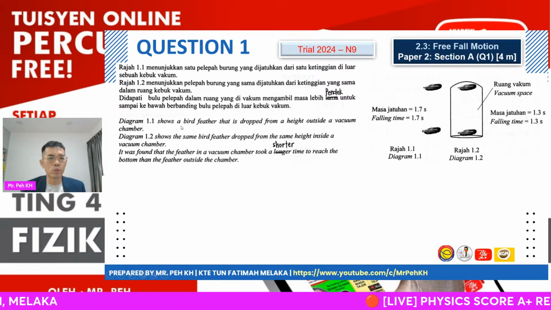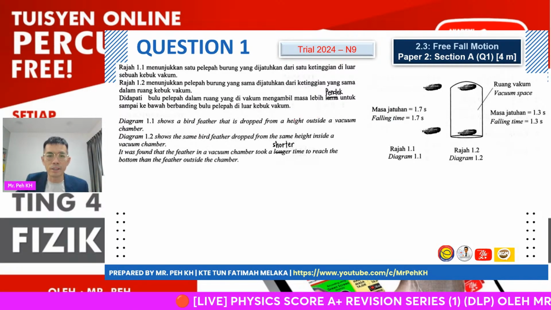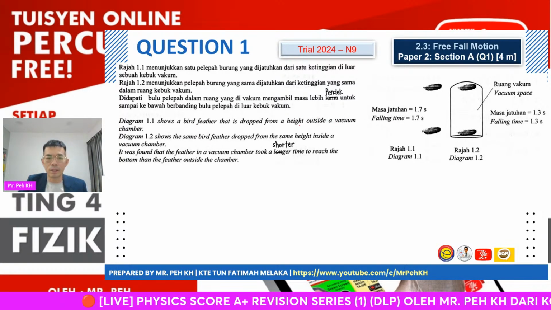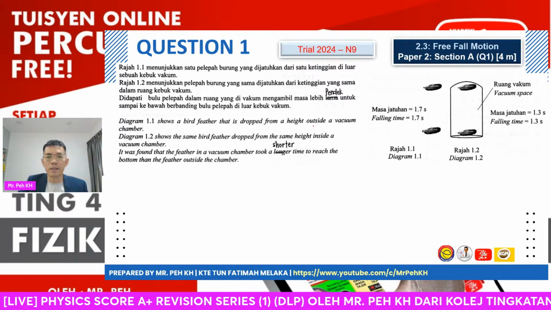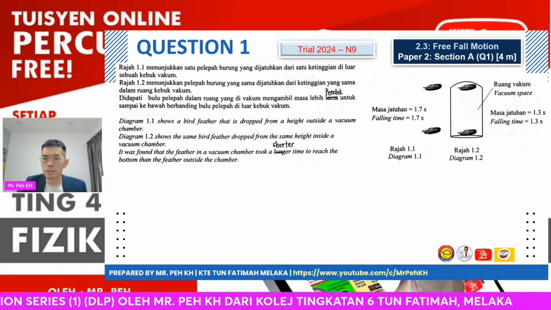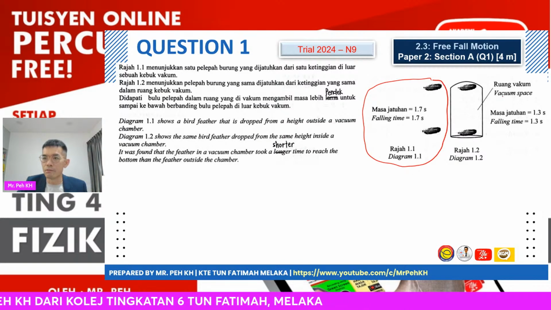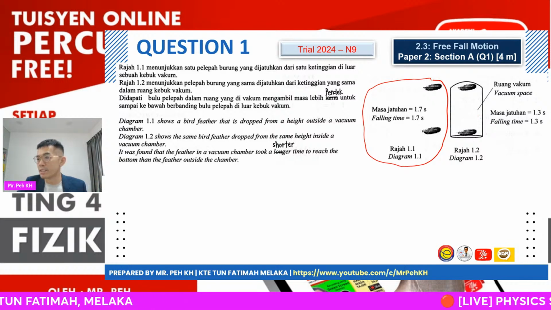Diagram 1.1 shows a bird feather that is dropped from high outside a vacuum chamber. You see this is diagram 1.1, so the feather is outside the vacuum chamber, in the normal air surrounding us.